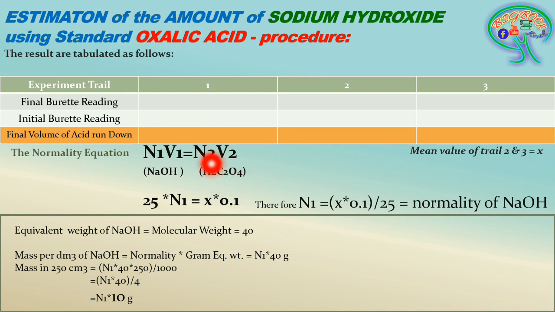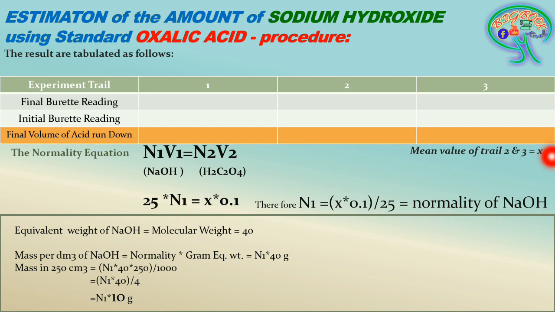So here oxalic acid is going to have both the normality and the volume. If you say oxalic acid's normality is N by 10, that is 0.1 normality, and the volume is the one which will be the x.